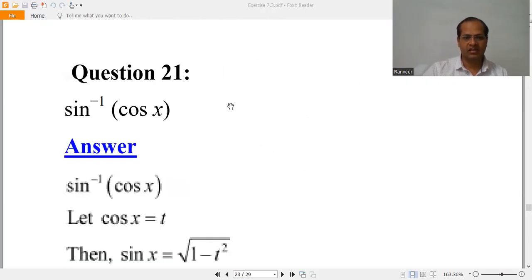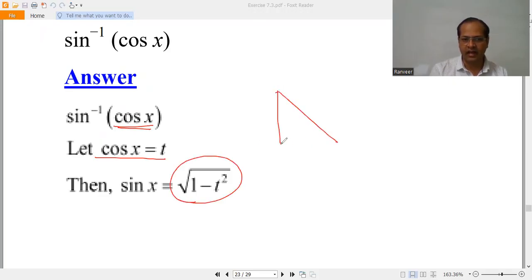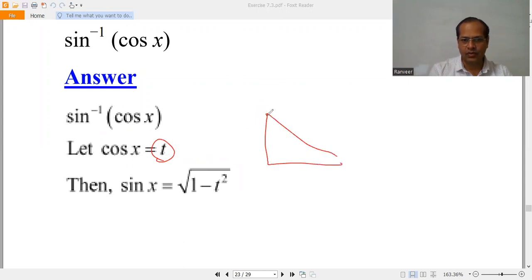21, sin inverse cos x. So in this case, first of all we have to convert sin inverse cos x. If we take cos x as t, then sin x is nothing but root of 1 minus t square, because if we create a triangle, and this is x, this is 1, and t, this is nothing but root of 1 minus t square according to the Pythagoras theorem.